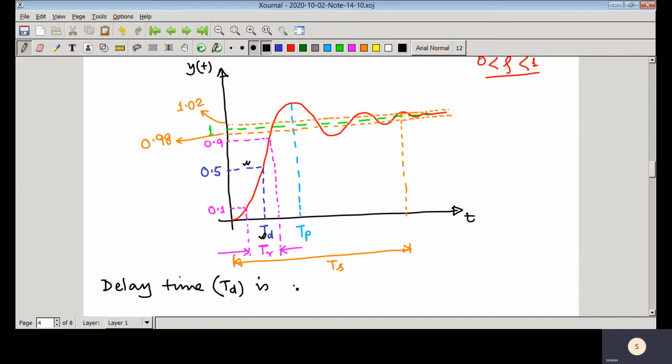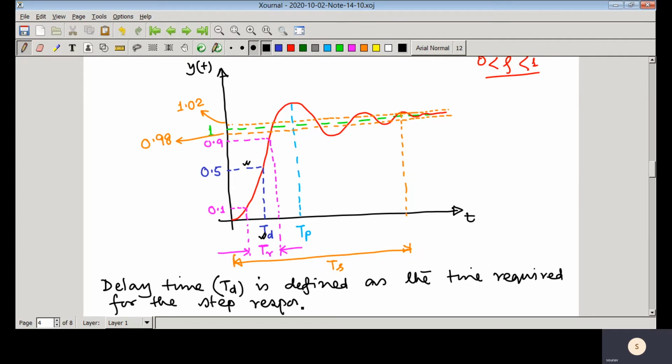So this is defined as the time required for the step response, that means the input being the unit step, to reach 50% of its final value.